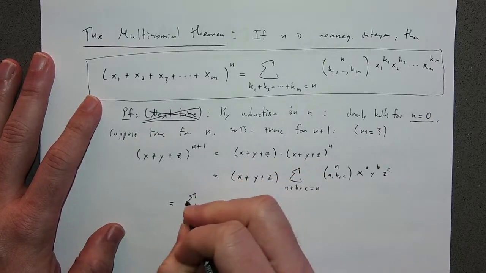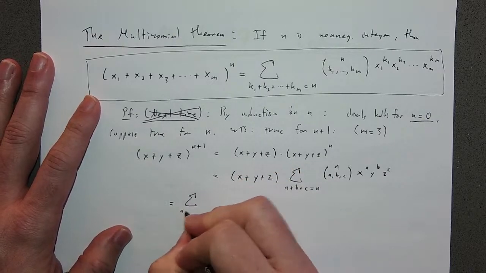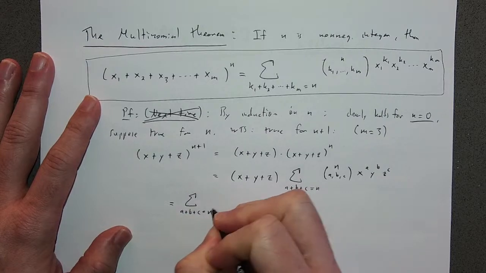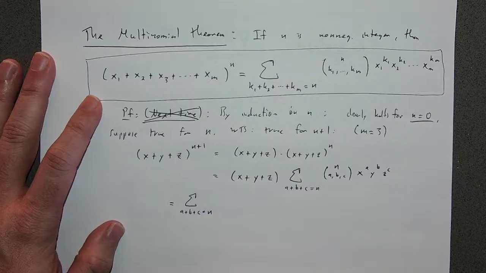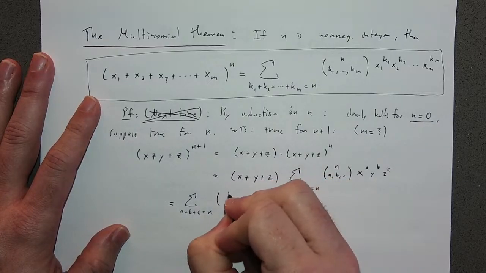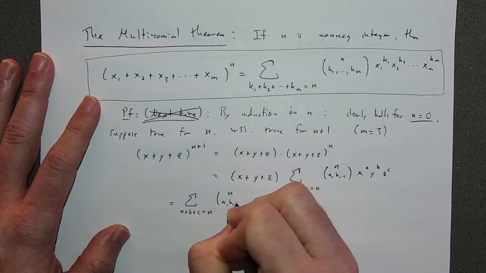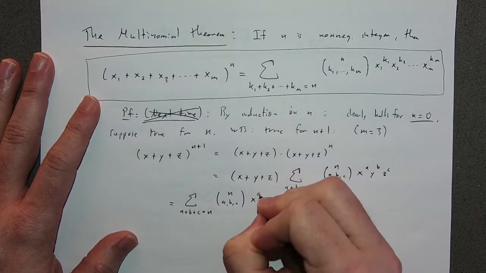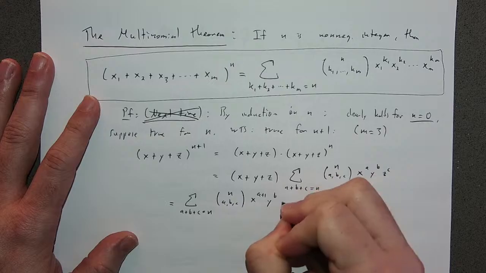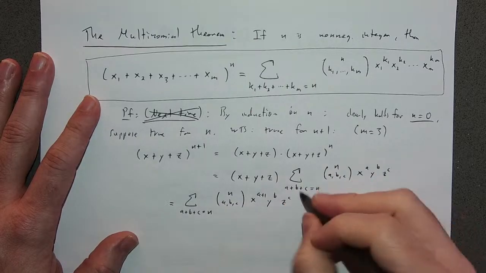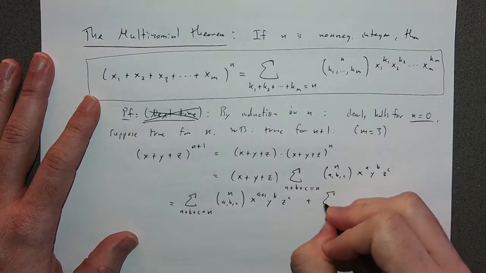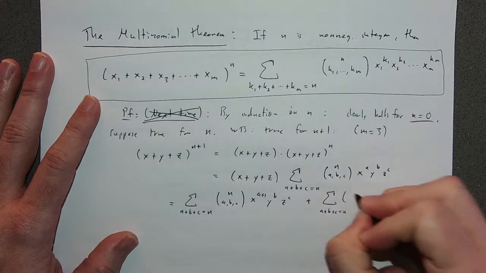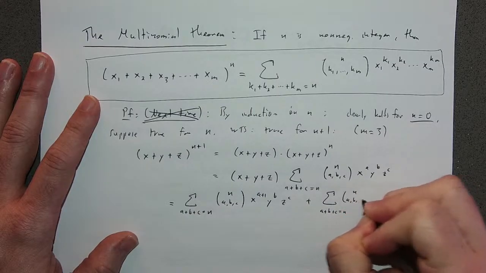I get a sum over integers a, b, c, such that a plus b plus c is equal to n, of n choose a, b, c, times x to the a plus 1, y to the b, z to the c, plus a sum over the same integers of n choose a, b, c.